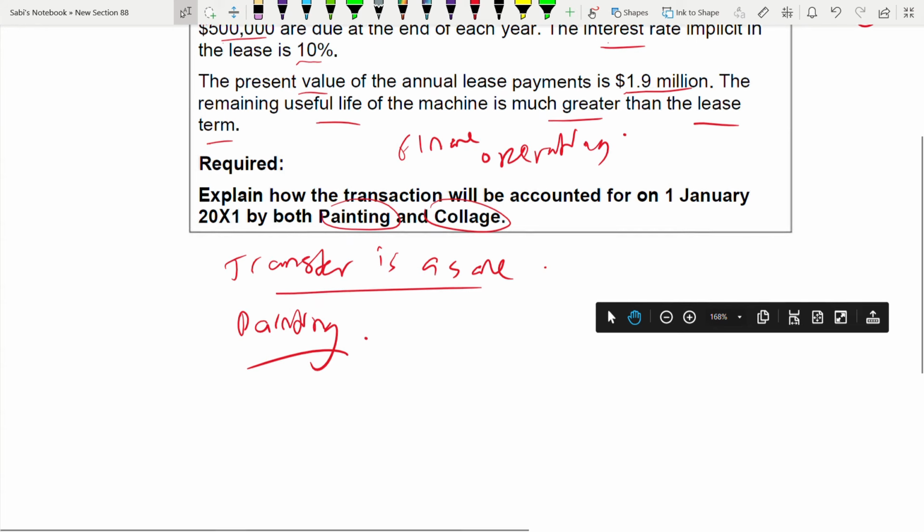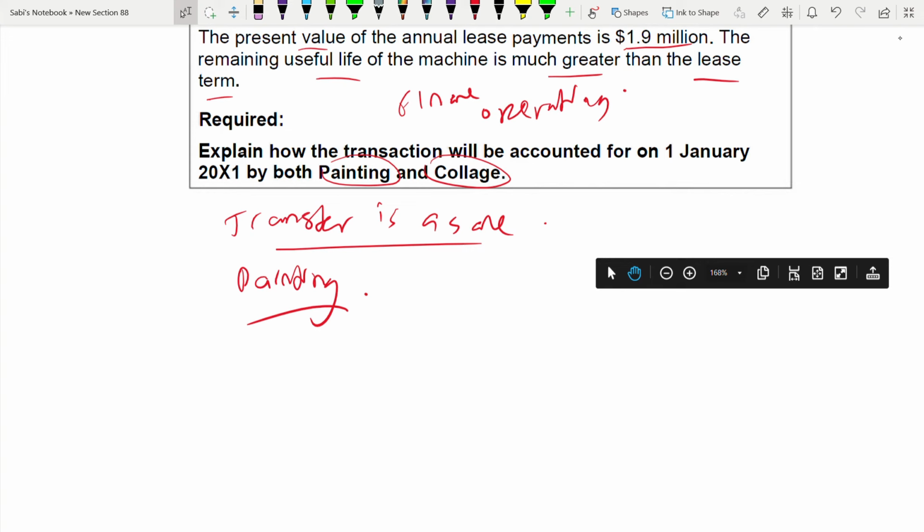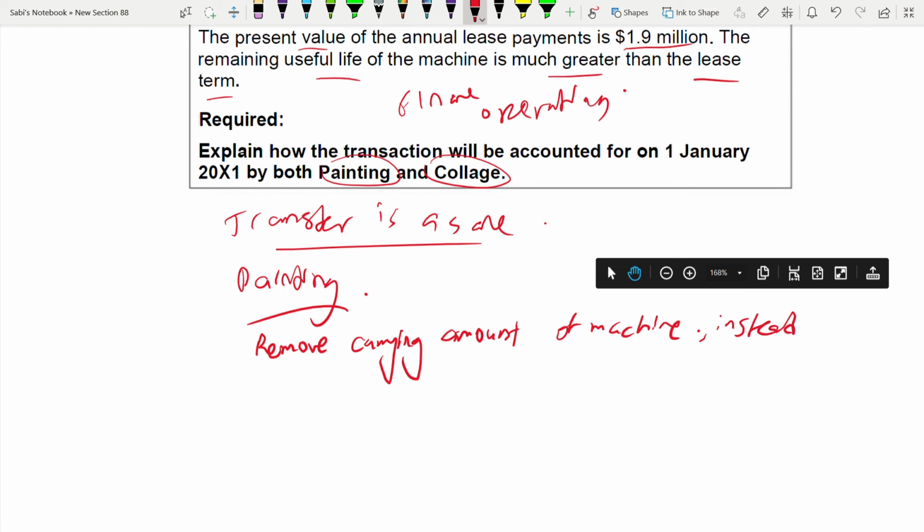It's the starting point. So Painting must remove the carrying amount of the machine. This is the answer. Because you have sold it off, you no longer can recognize the machine. Instead, because it's a leaseback now, recognize a right of use asset.